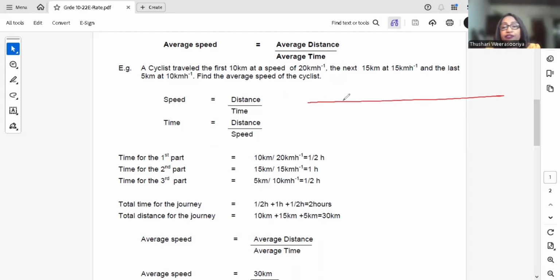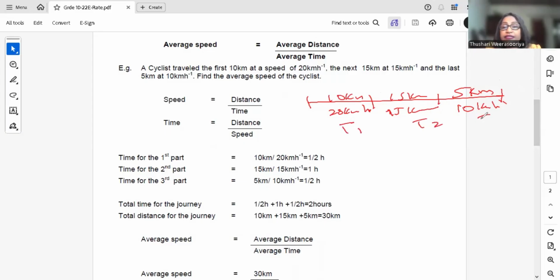The cyclist divides this distance into 3 parts. Then the next 15 kilometers at 15 kilometers per hour. And the last 5 kilometers at 10 kilometers per hour. We'll find the time slots one by one.